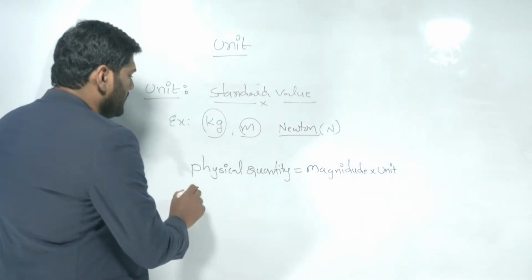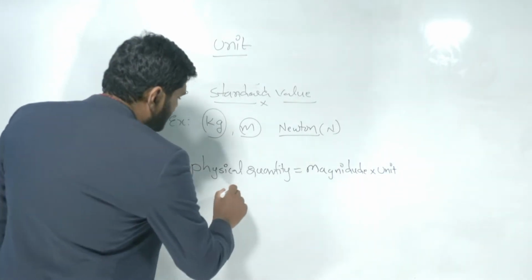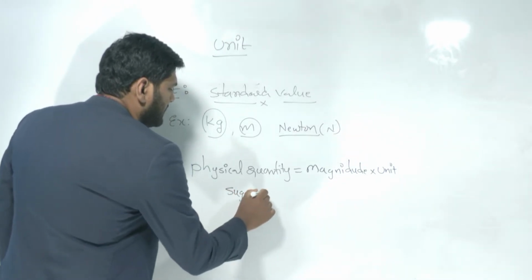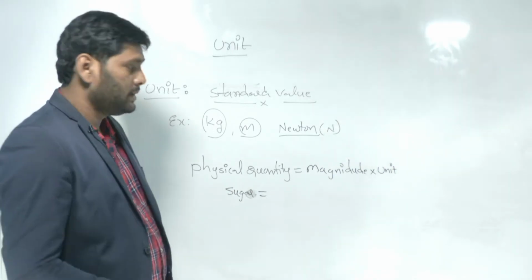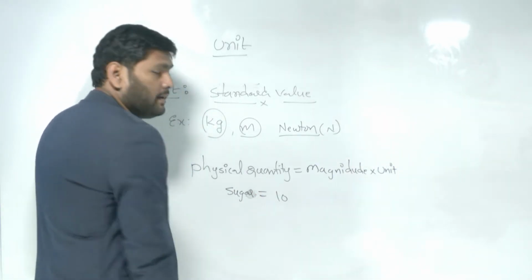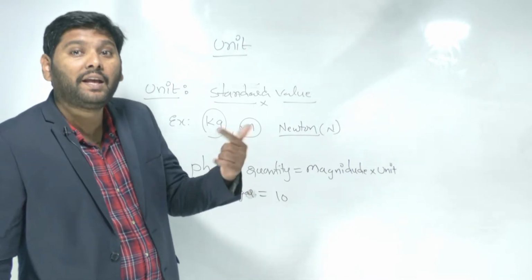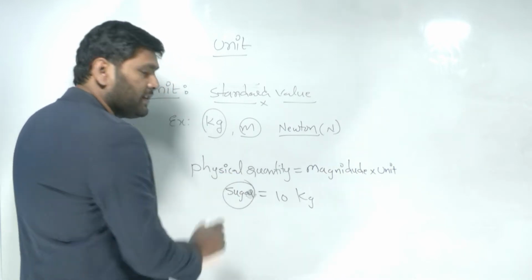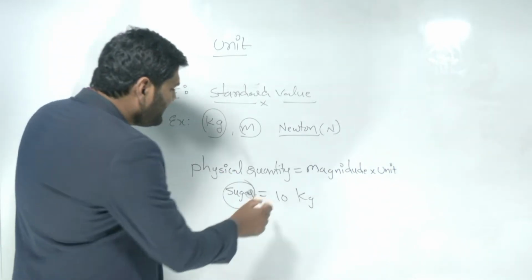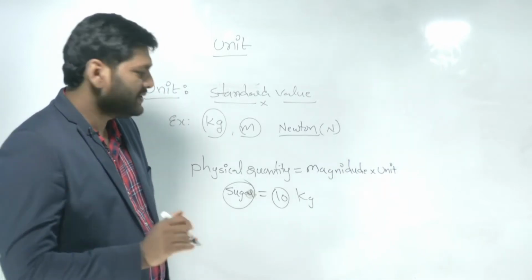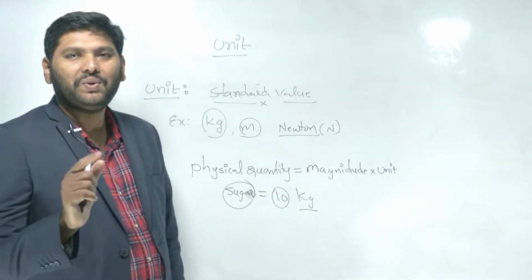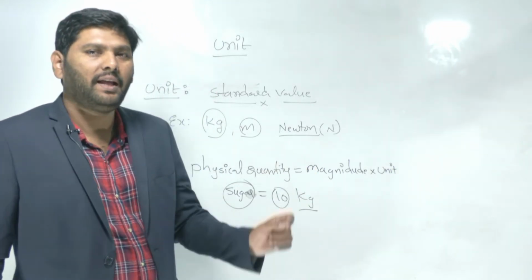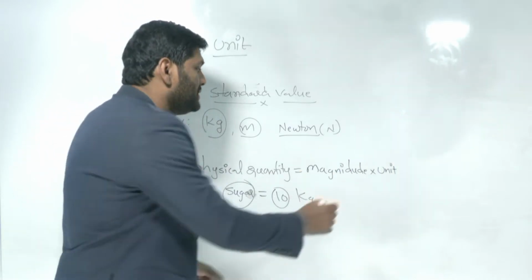For example, let us take sugar. Sugar is a physical quantity. But how much is the sugar? Let me take 10. 10 what? 10 kgs. So here the sugar is a physical quantity, and the 10 is the magnitude and this kg is the unit, which means that every time you represent the physical quantity as magnitude into unit.